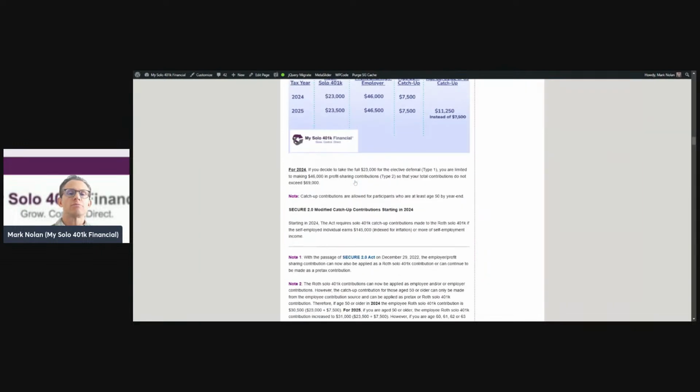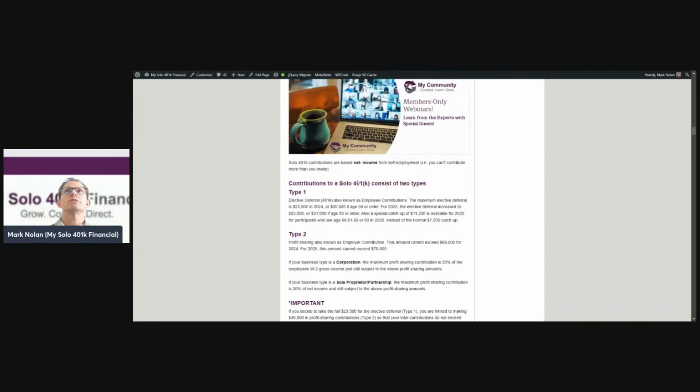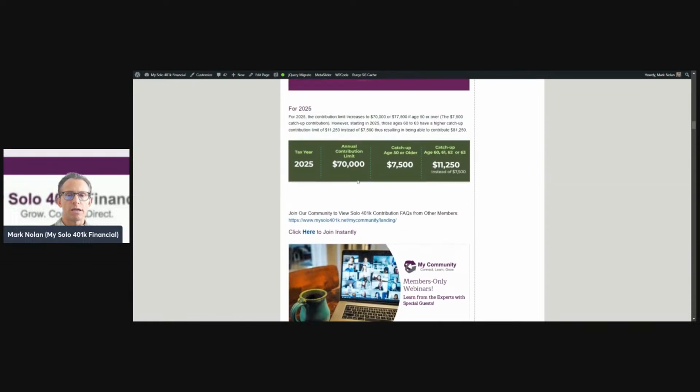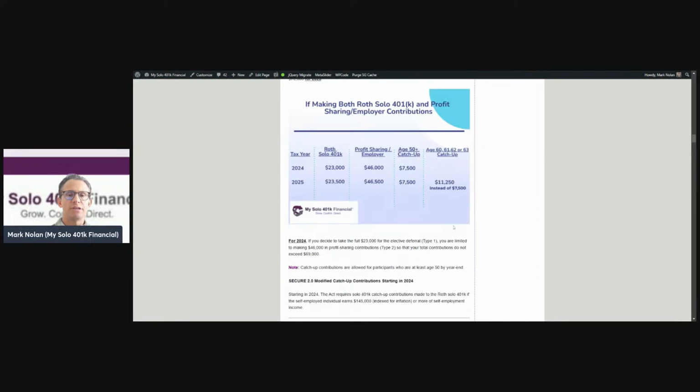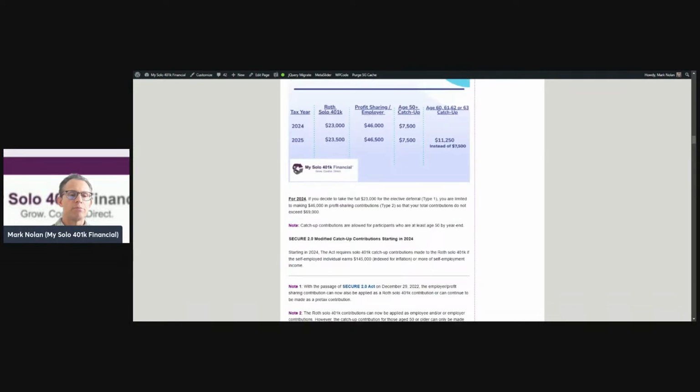In other words, you can't contribute more than $70,000 in all solo 401k contributions. So under that example, this is an individual that has decided to make an employee Roth solo 401k contribution and an employer Roth solo 401k contribution, and they get to that $70,000 overall limit.